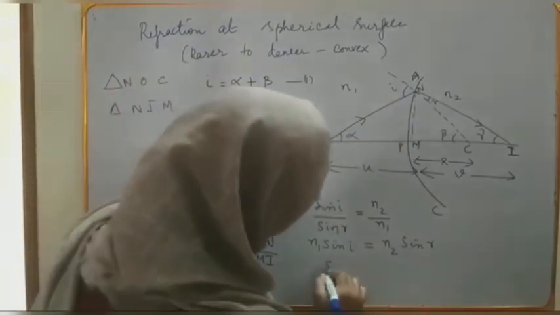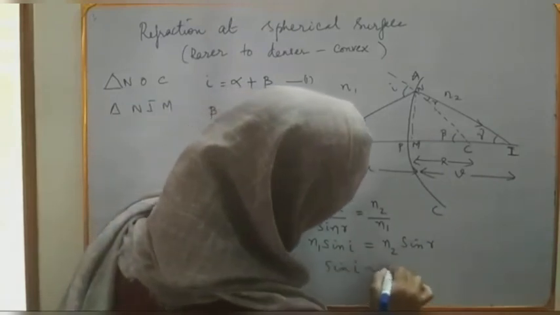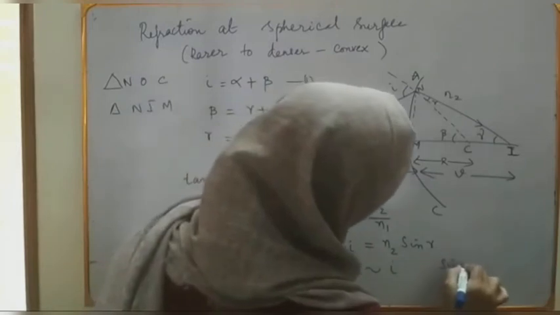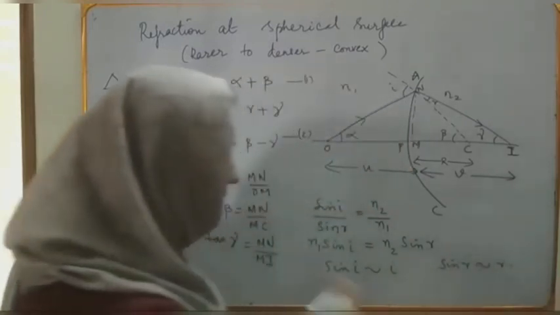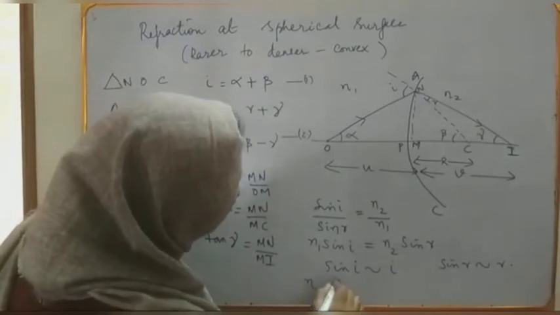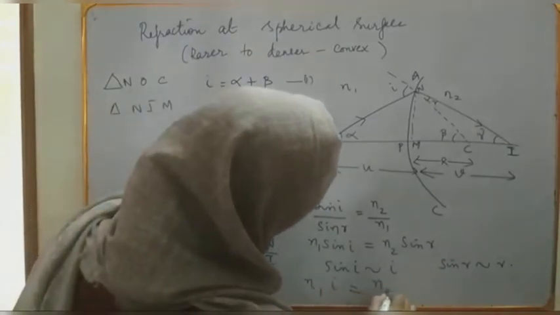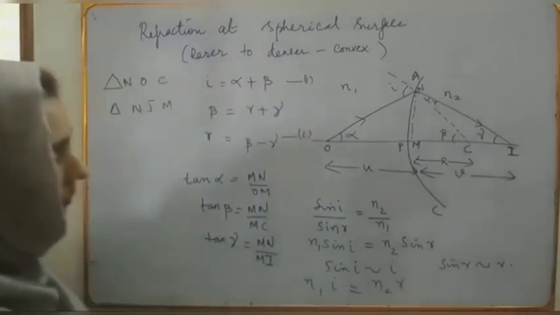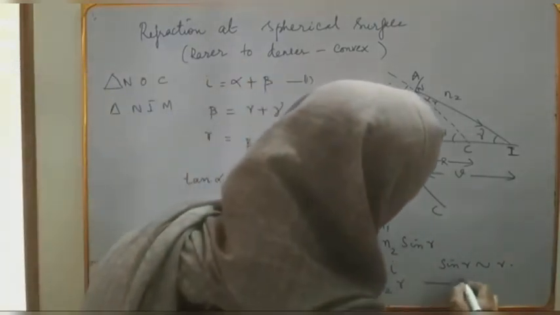So sin I will be approximately equal to I itself, and sin R approximately equal to R itself. So you can substitute that. You get N1 I is equal to N2 R. We can have this as our third equation.